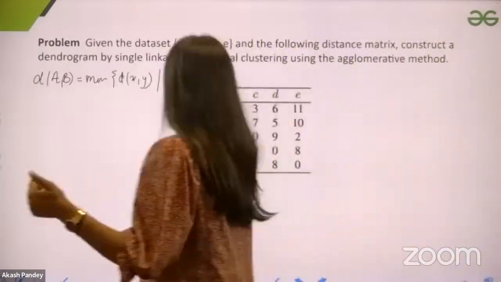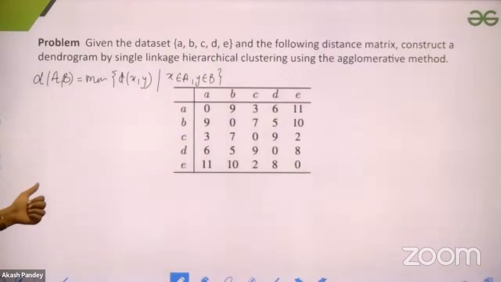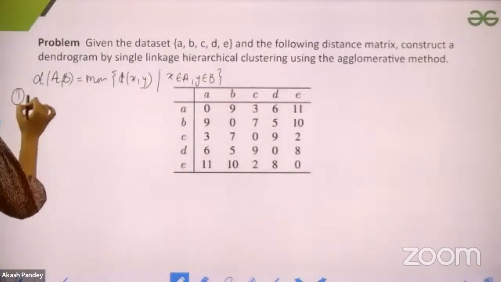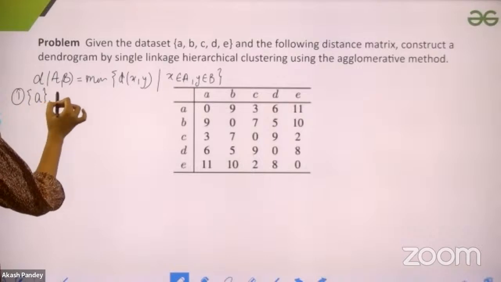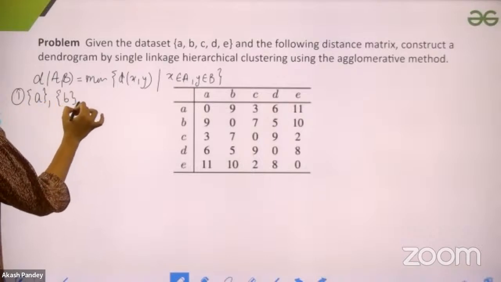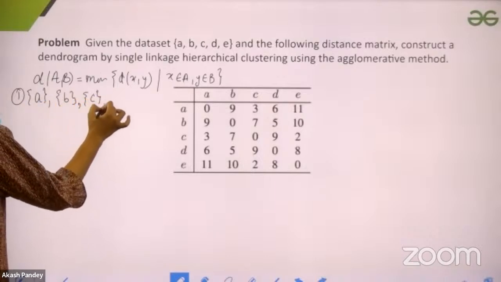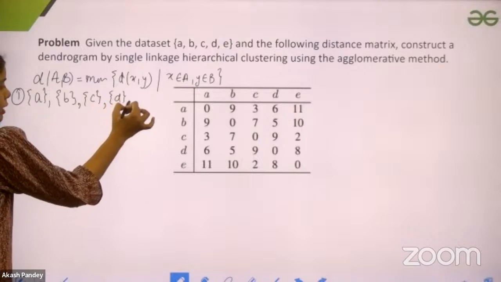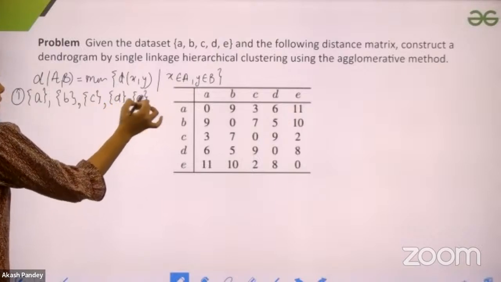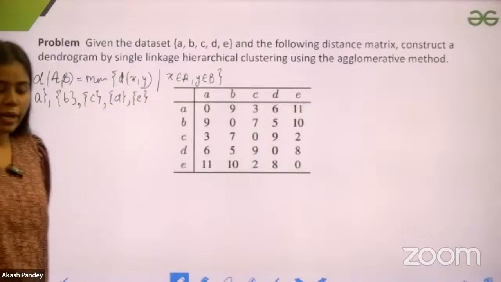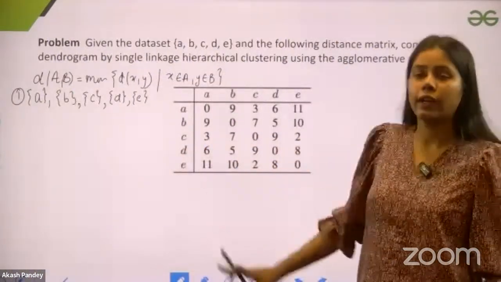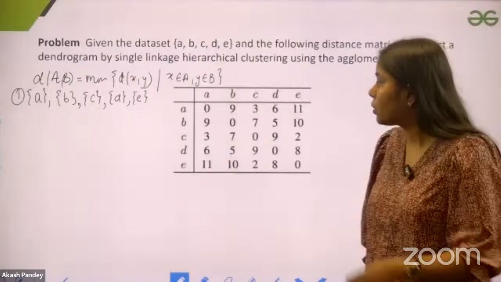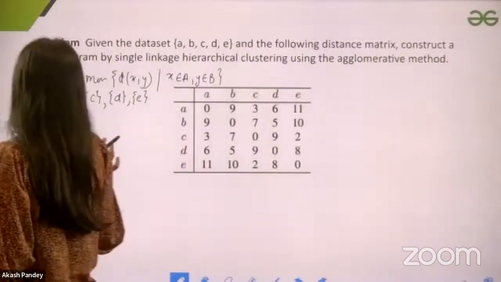At the start, working on agglomerative clustering, we first take each point as a single cluster. So we have one cluster with point A, another with B, another with C, another with D, and another with E. So I have 5 clusters.